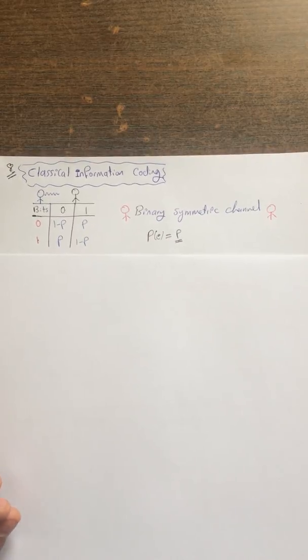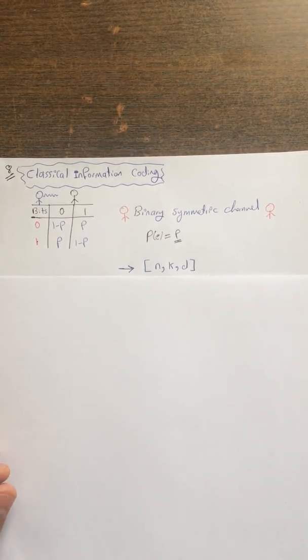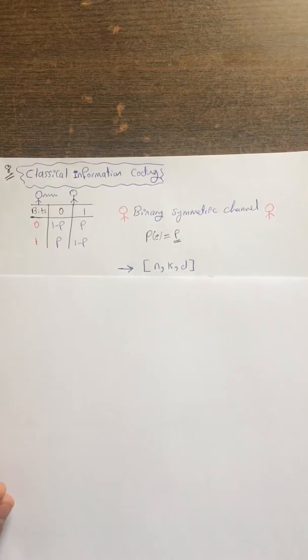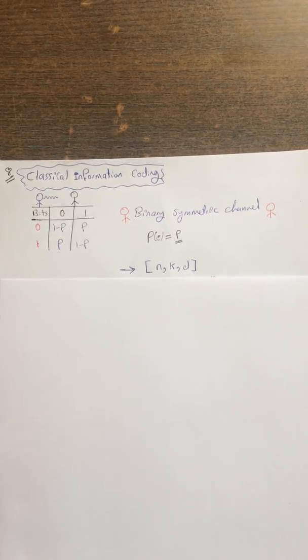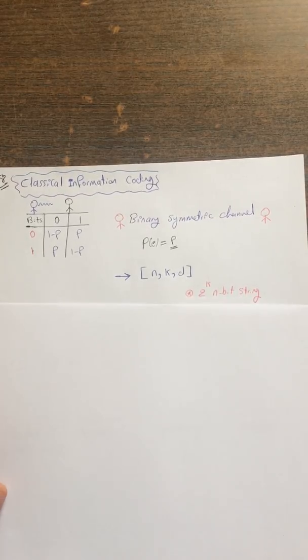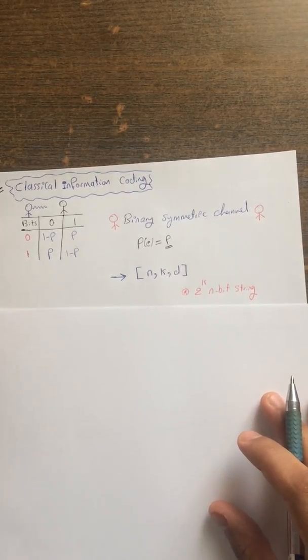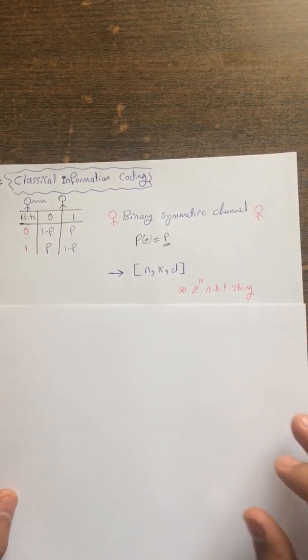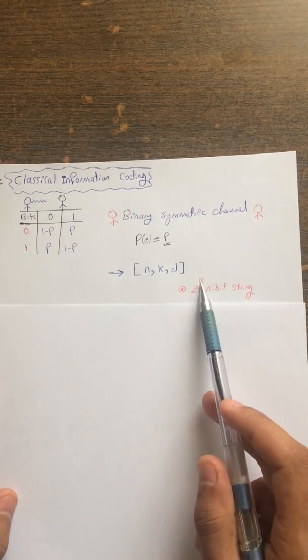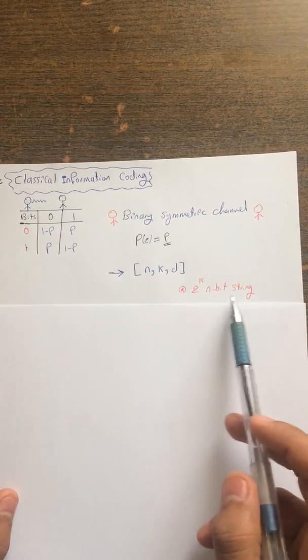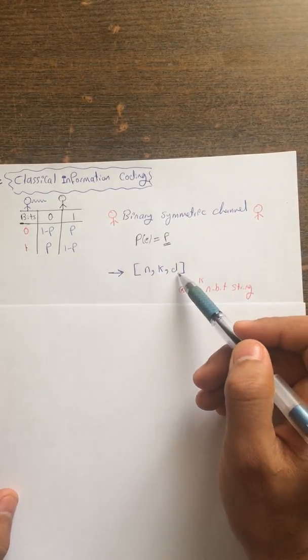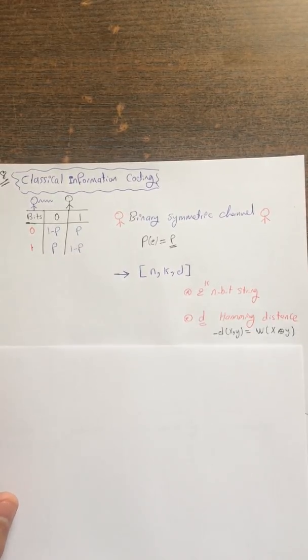So what if I try to write a classical code? How can we write a classical code in classical theory? I can write it in terms of n, k, and d. The number of bits I have, arranged as strings, gives 2 to the k strings. n is the number of bits in each string, and d is what I call the minimum Hamming distance.